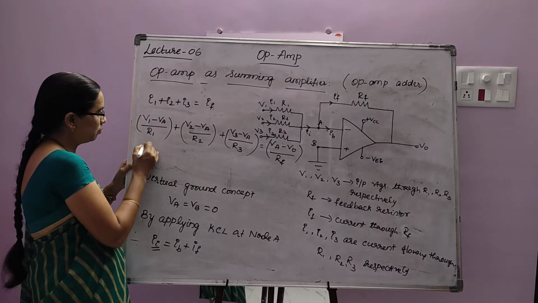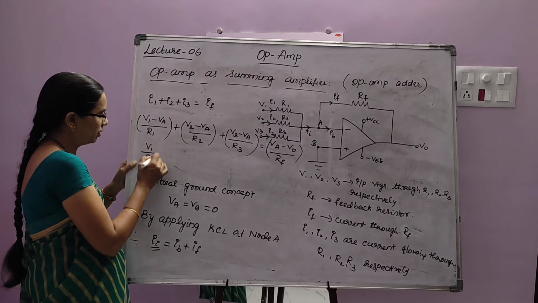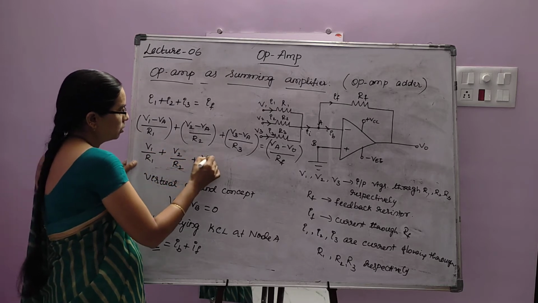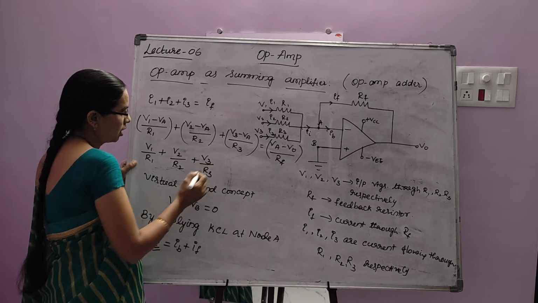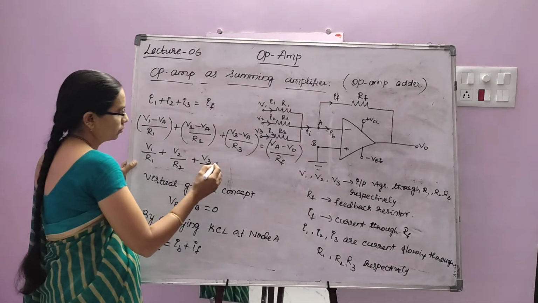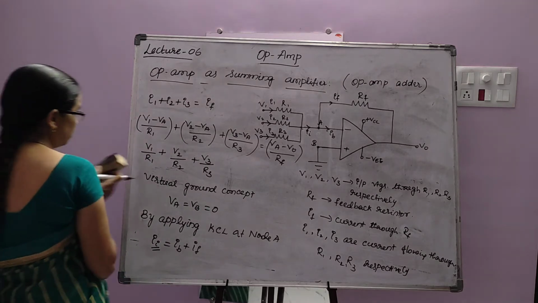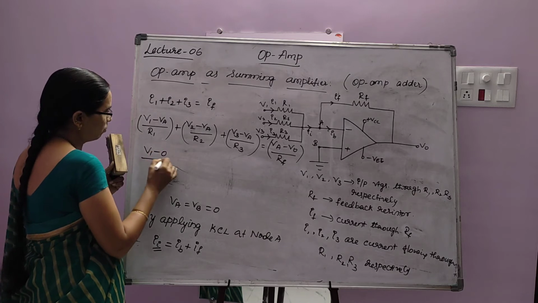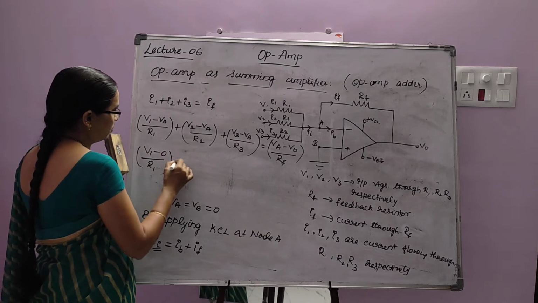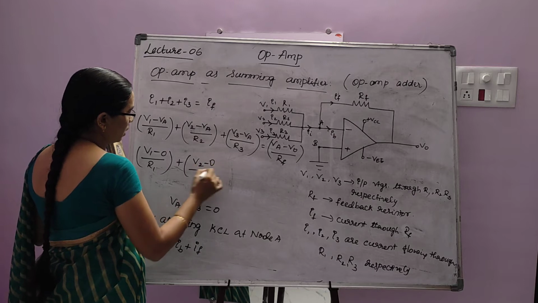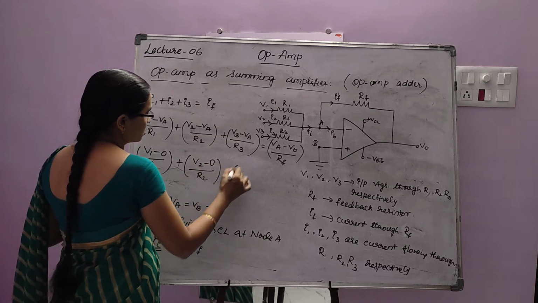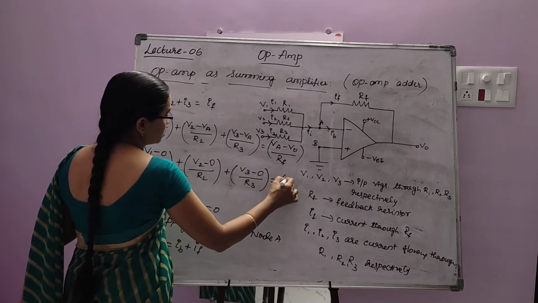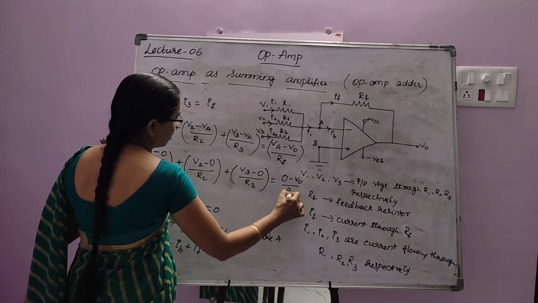So the equation will be V1 by R1 plus V2 by R2 plus V3 by R3. If you want, you can write one more step: V1 minus 0 by R1 plus V2 minus 0 by R2 plus V3 minus 0 by R3 is equal to 0 minus V naught divided by RF.